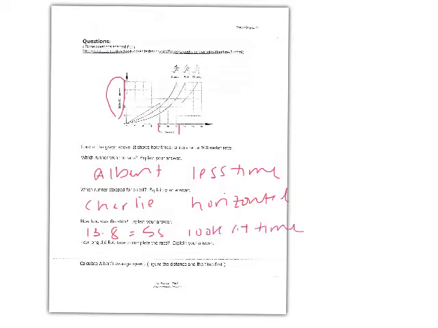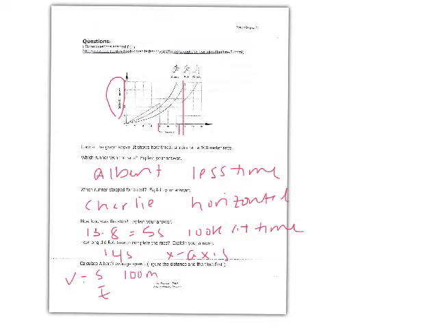And then how long did it take Bob to complete the race? When Bob reaches the finish line, that is at 14 seconds. You can tell that from the x-axis. And then calculate Albert's average speed. Find the distance and the time first. So V equals S over T. Albert is right here. The distance on the y-axis is 100 meters.